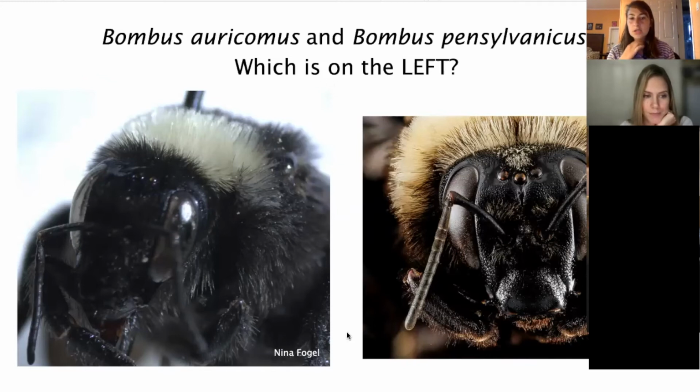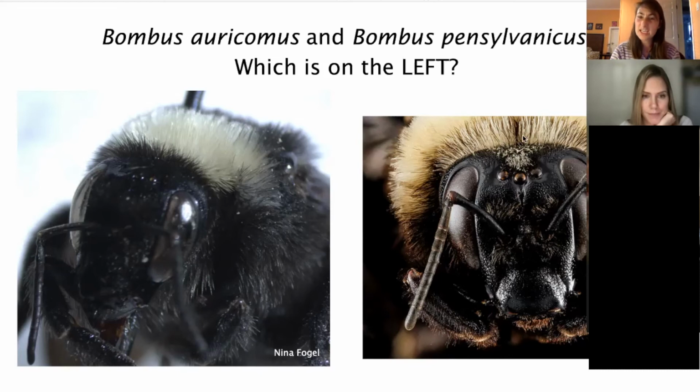Okay, so you can see on the one on the left here that there are these black hairs on the back of the head, whereas on the right there are these yellow hairs on the back of the head.